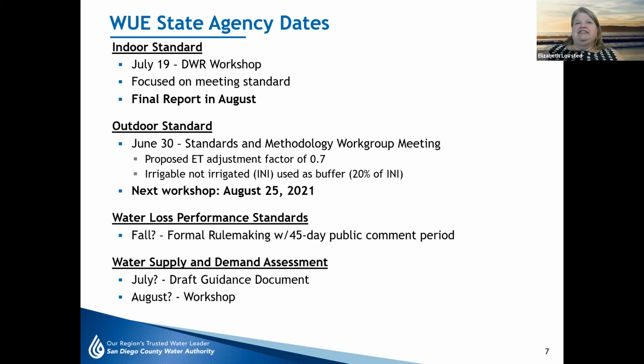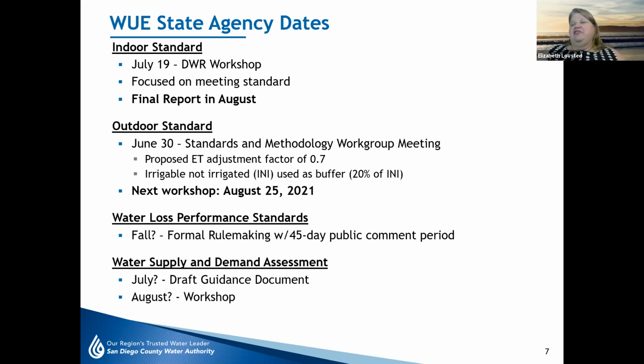What they're looking at is an ET adjustment factor of 0.7. And then the legislation says that the outdoor water use should be based on irrigable landscape area. But they are proposing, a little bit in conflict with that legislation, that they would do irrigable, not irrigated.